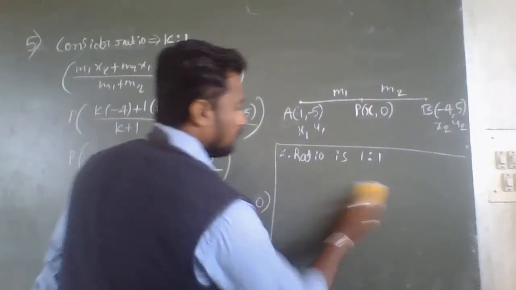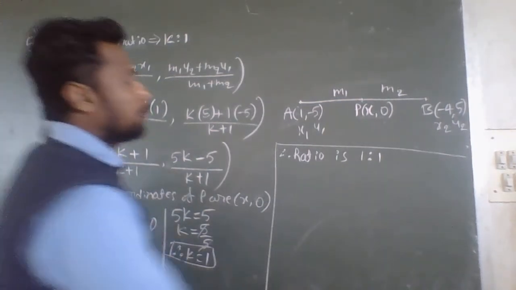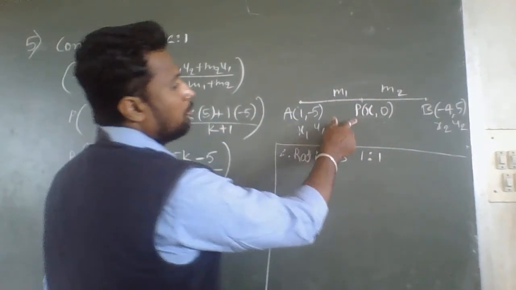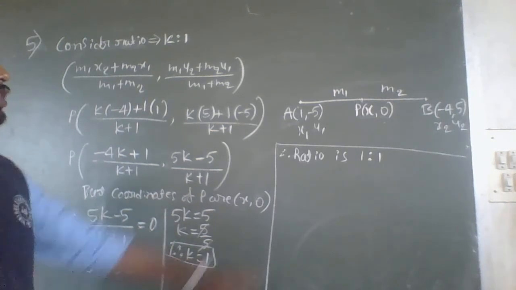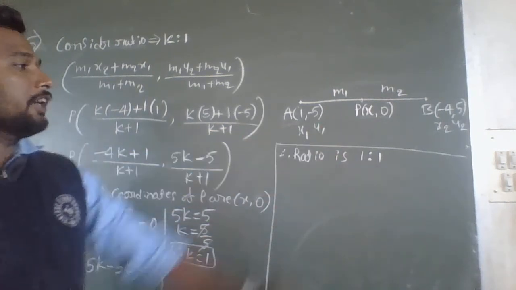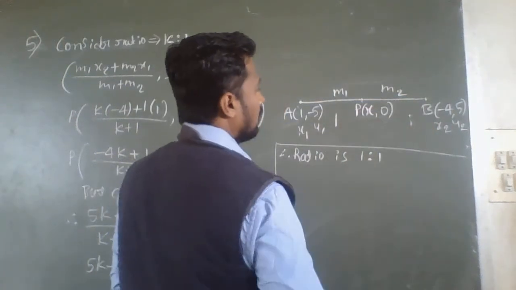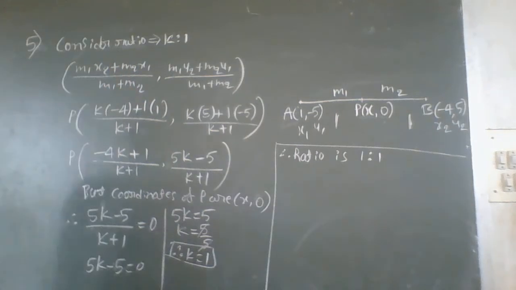So now, if the ratio is 1 is to 1, then this point P is the midpoint of line AB. This point P is the midpoint. Why? Because the ratio is 1 is to 1. Here the M1 value is also 1 and the M2 value is also 1.